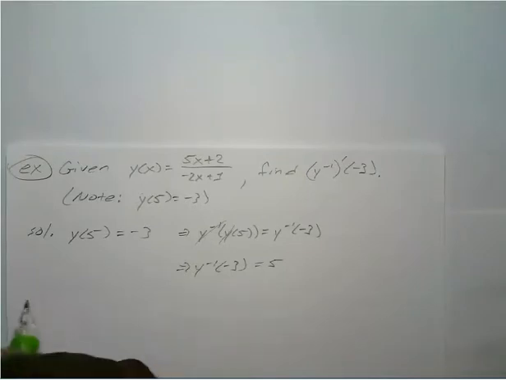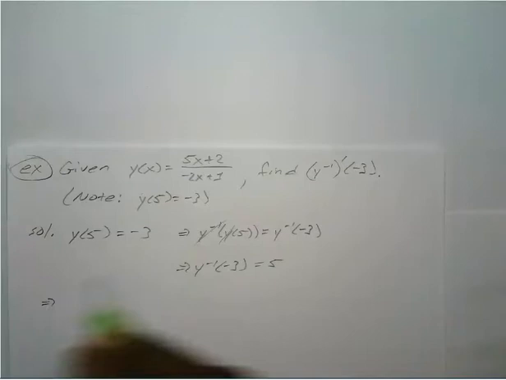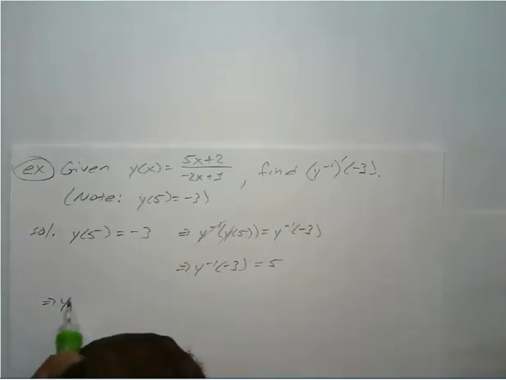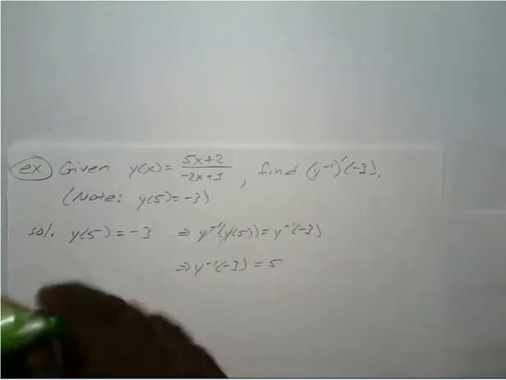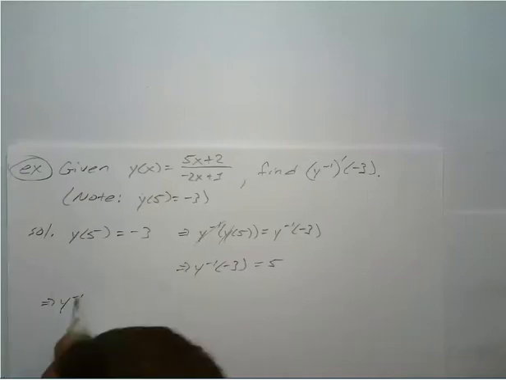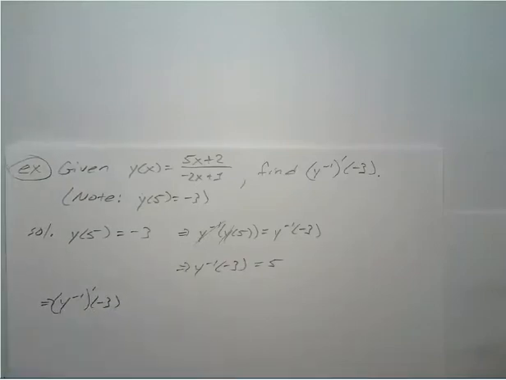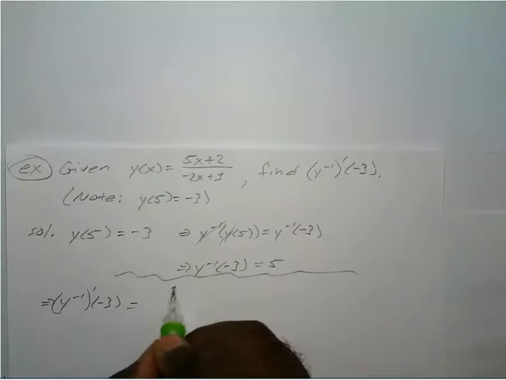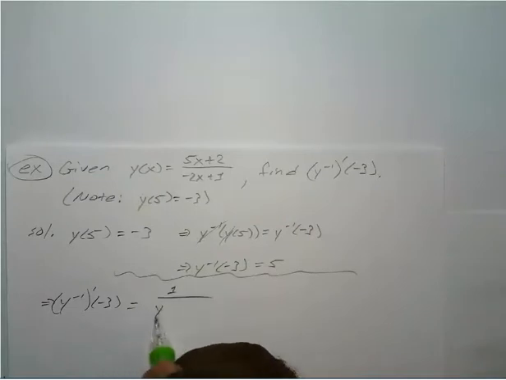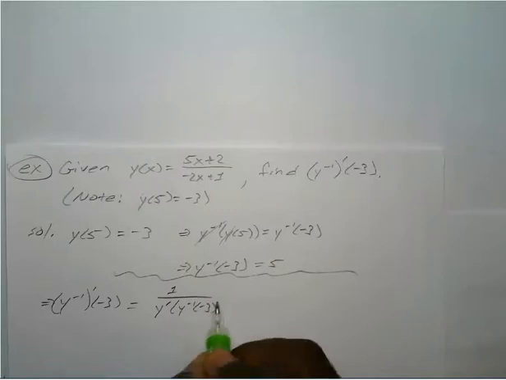So that means your y inverse prime at -3 is equal to, let me separate that so it's not too close, 1 over y prime at y inverse at -3.